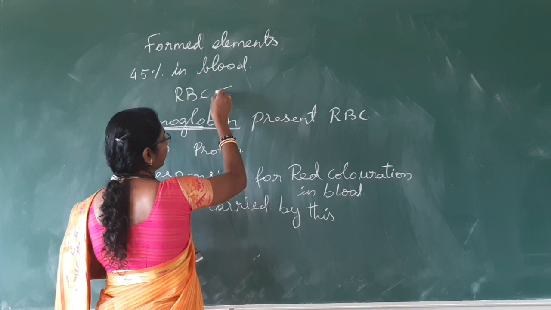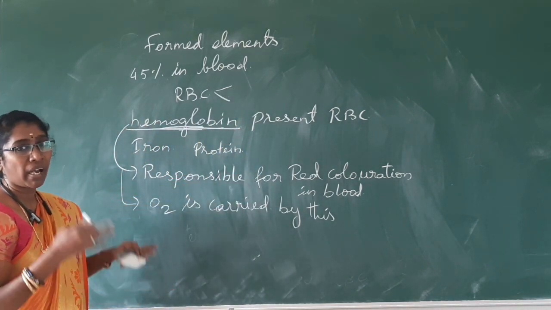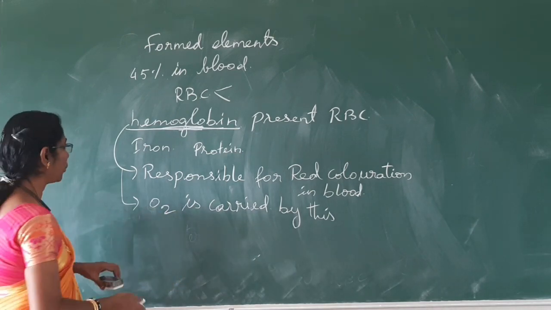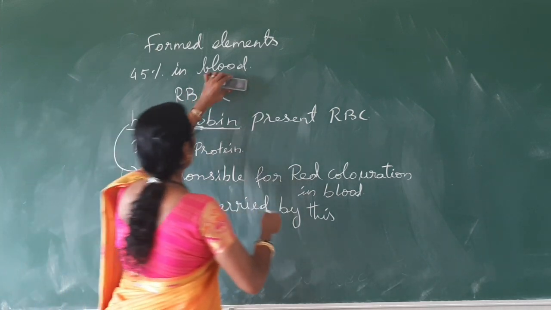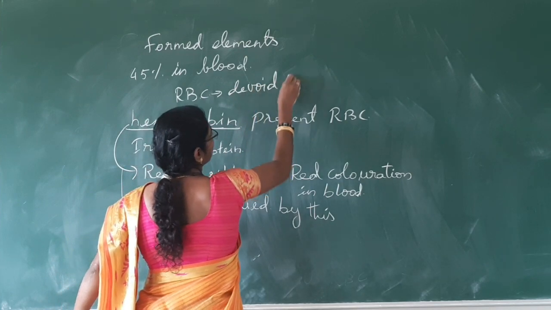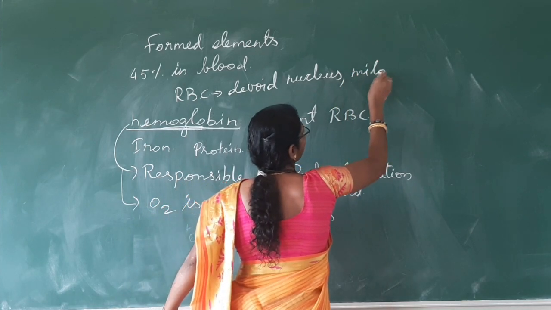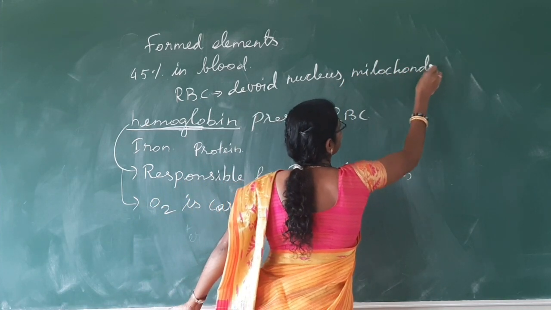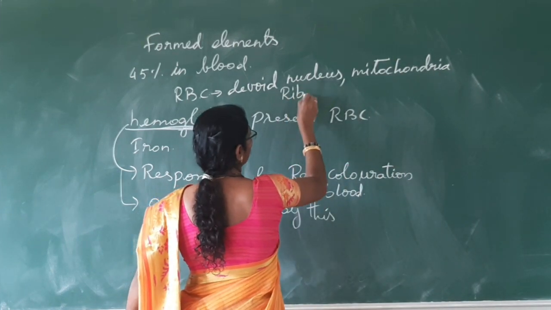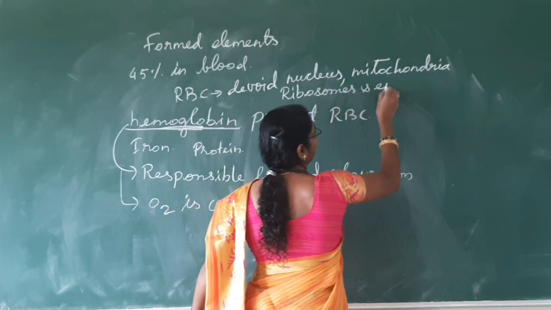This RBC lacks nucleus, mitochondria, ribosomes and endoplasmic reticulum.